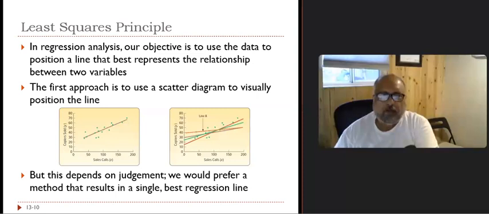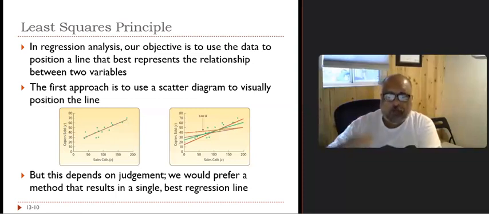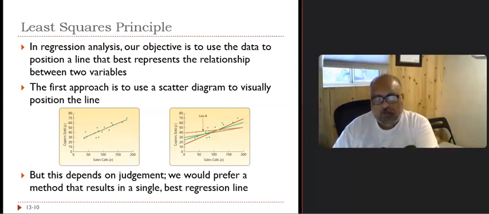So we have two data sets here. One is the data set for X, which is the independent variable, and Y is the exam score. Exam score we can plot along the Y axis, and that is the dependent variable.